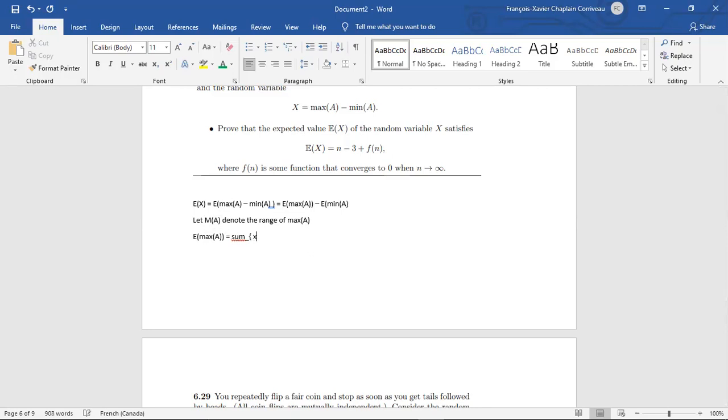So I will take k in MA, and take each value and multiply each value by its corresponding probability. That's just the definition of expected value, right? You look at the range of your function, and you look at every value, you multiply by their corresponding probability. So that's just the definition of expected value.